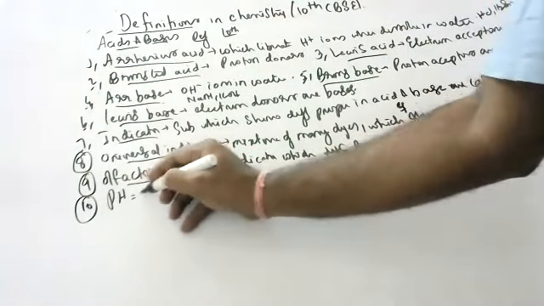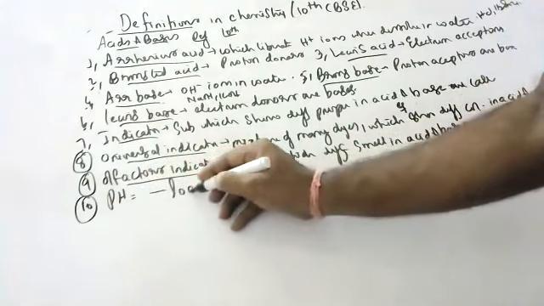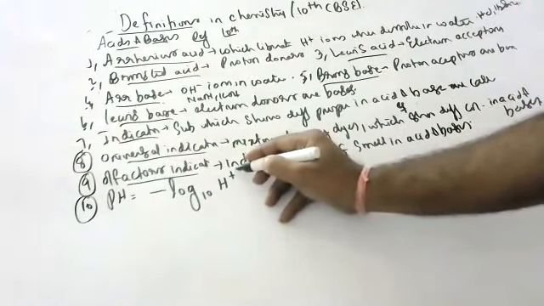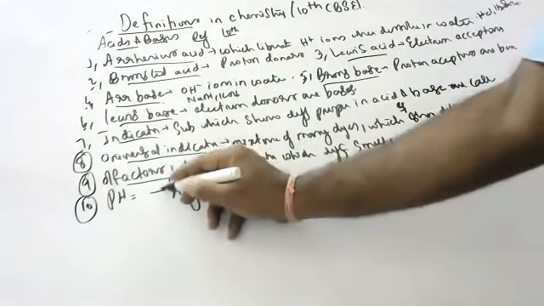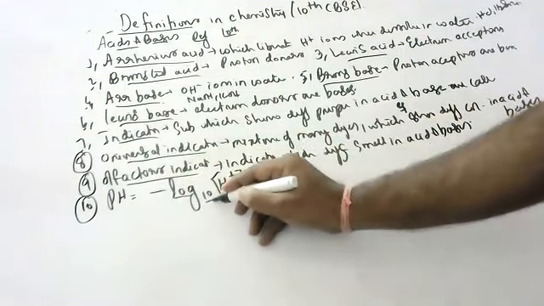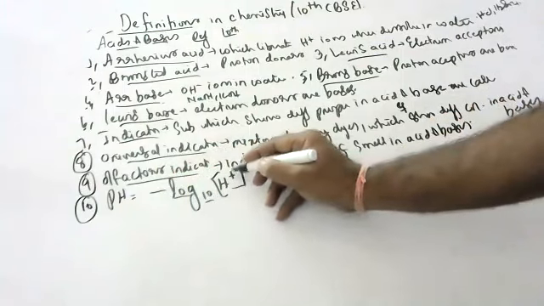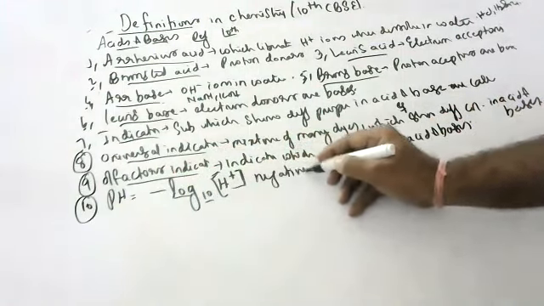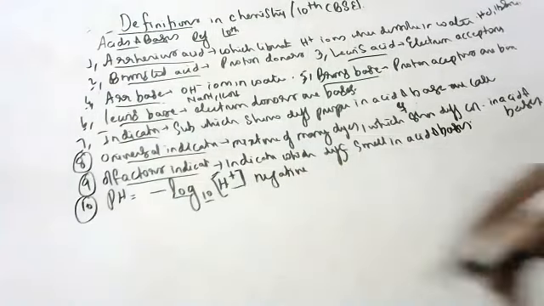pH. What is the definition of pH? Negative logarithm of base 10 hydrogen ion concentration. Hydrogen ion concentration, brackets means concentration. Okay, very important. Write the formula whenever they ask for the definition.